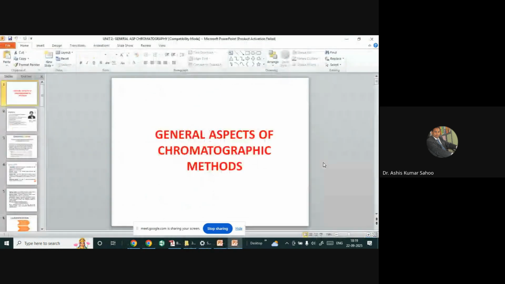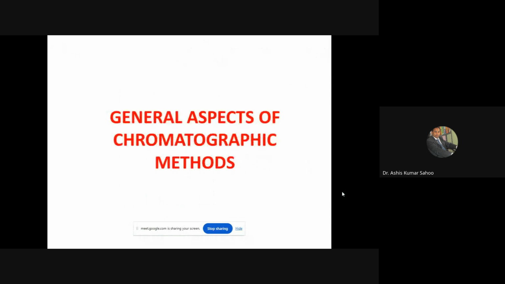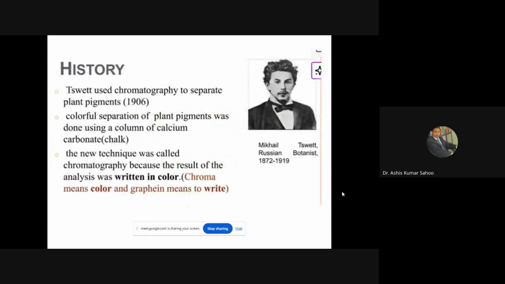In unit 1, these are the general aspects. In separation, we especially use chromatography, which is the main part of this unit. What is chromatography? Tswett used chromatography to separate plant pigments in 1906.